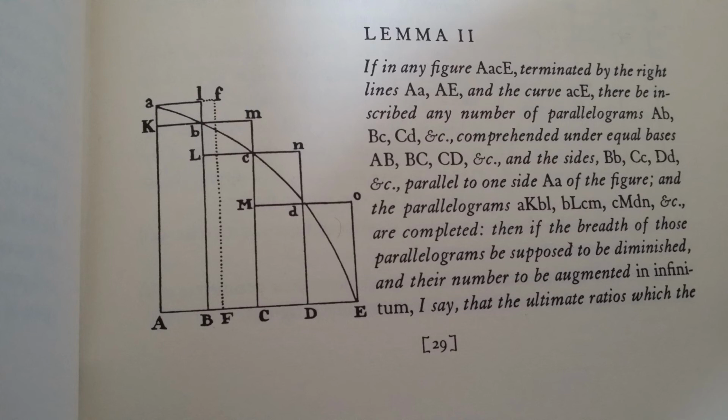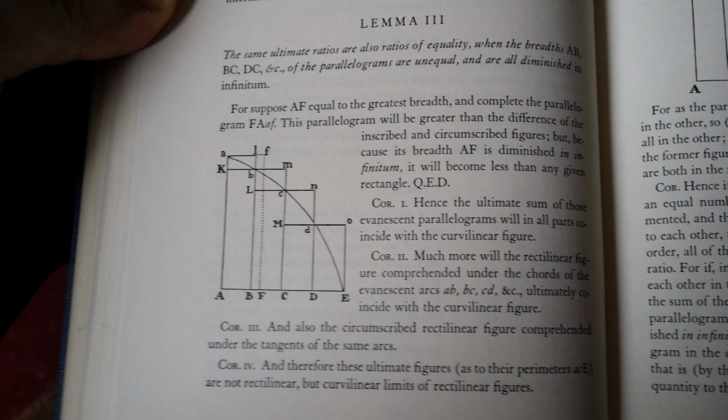Lemma 3 will be a new illustration. There it is. Lemma 3. The same ultimate ratios are also ratios of equality when the breadths AB, BC, DC, etc. of the parallelograms are unequal and are all diminished in infinitum.